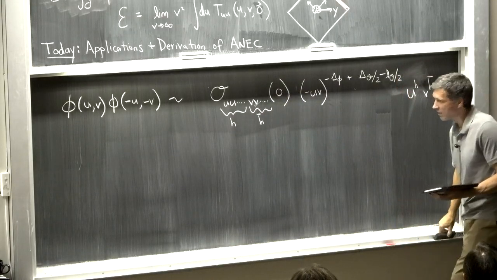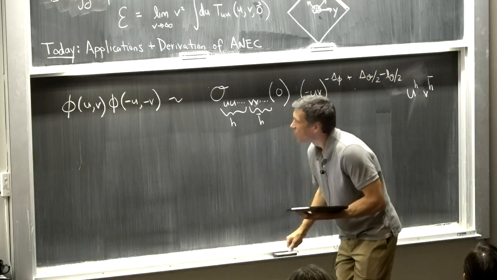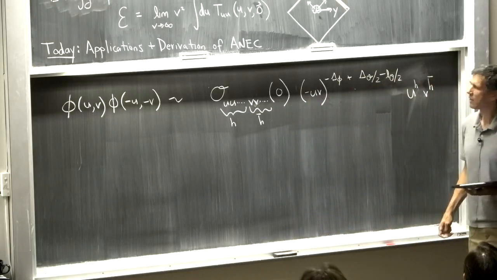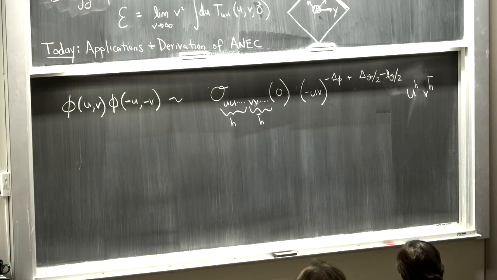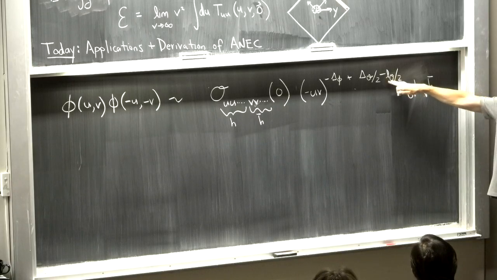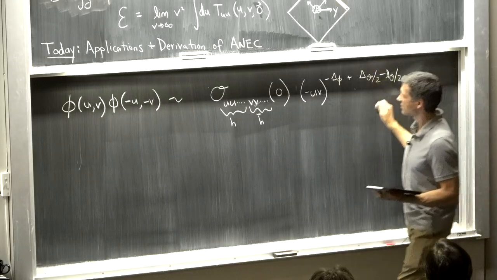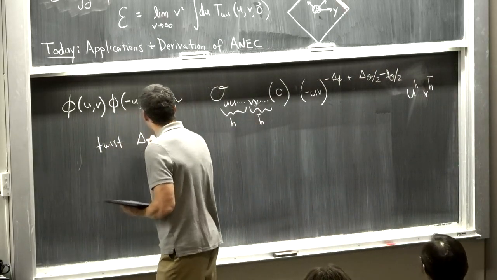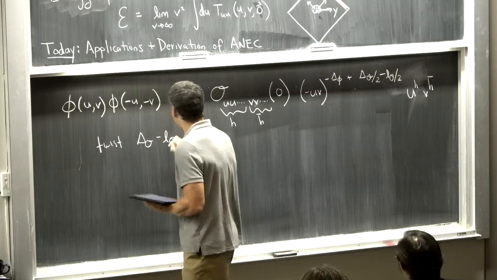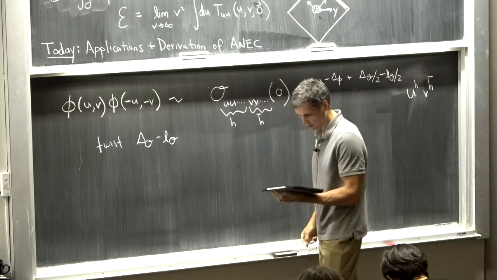Now, the important thing here is that when we take the light cone limit, where we take V to 0, we see that this becomes an expansion in twist. Okay, so twist is this thing. Delta O minus LO is called the twist.